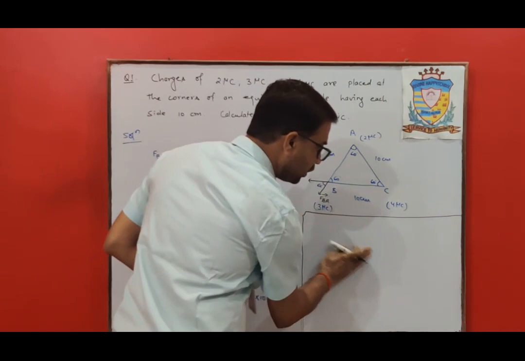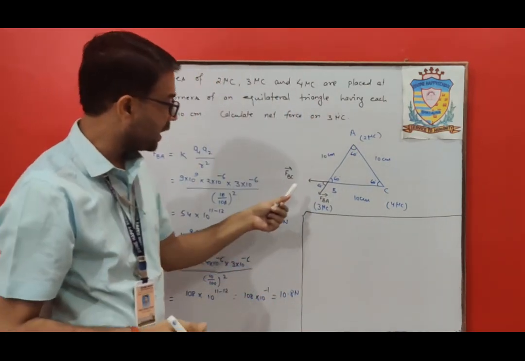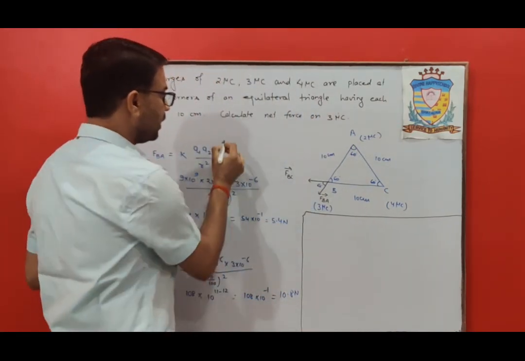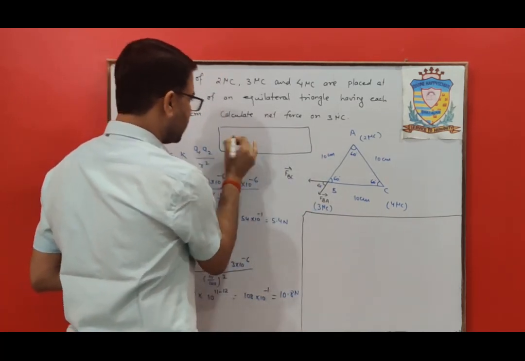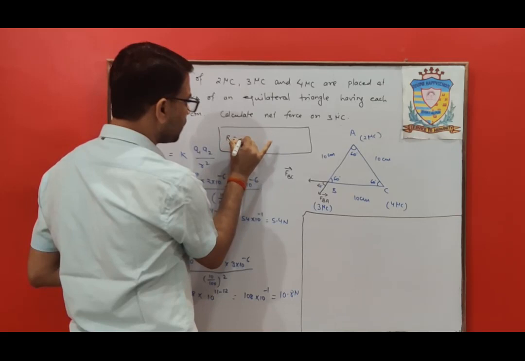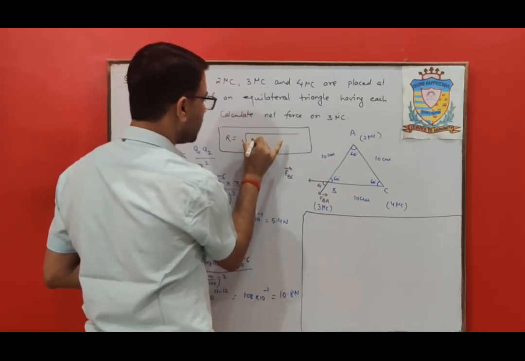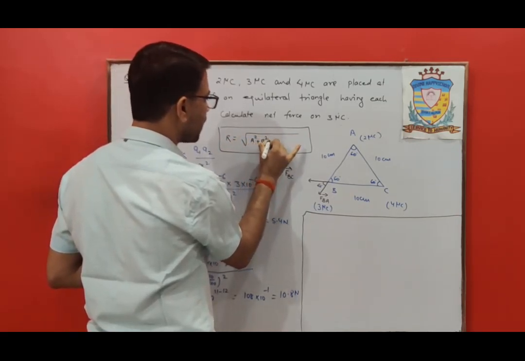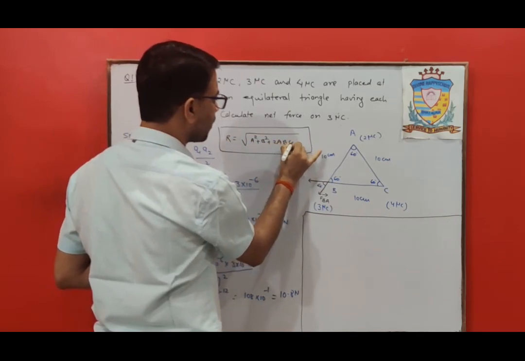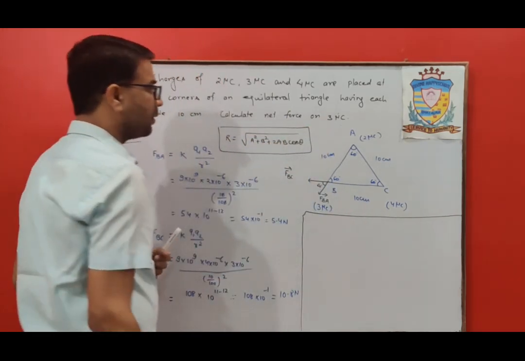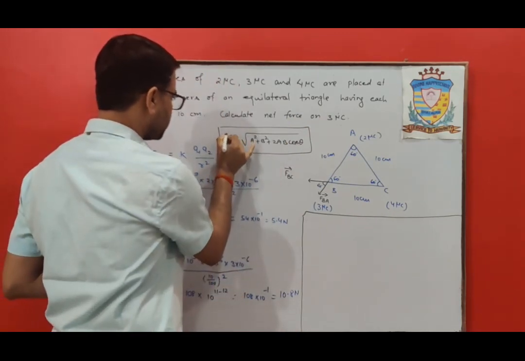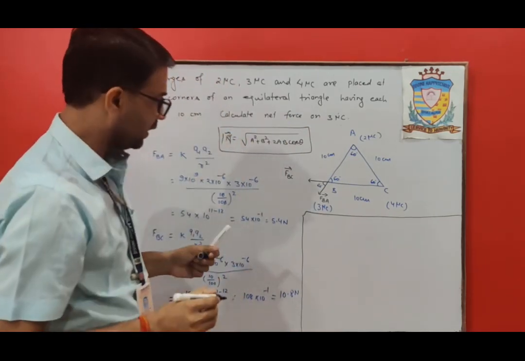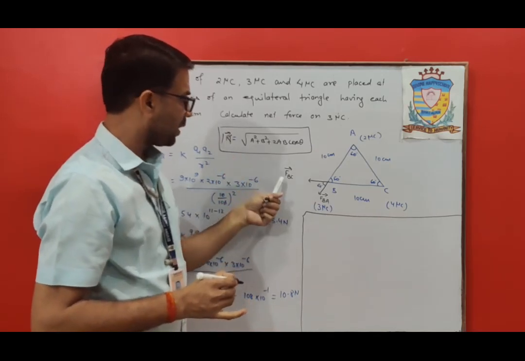Now if we have to solve two vectors which are aligned at an angle 60 degree, then we know the formula to solve, that is resultant vector R is equals to under root a square plus b square plus 2ab cos theta. In class 11 we have studied it. So where magnitude of R. Here in place of A we have FBC.